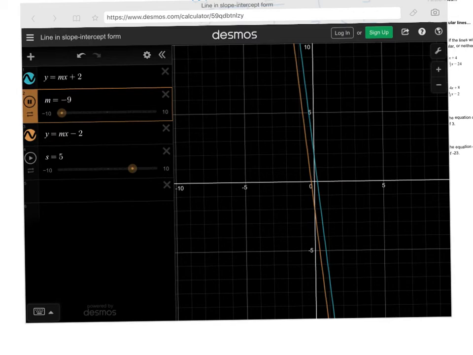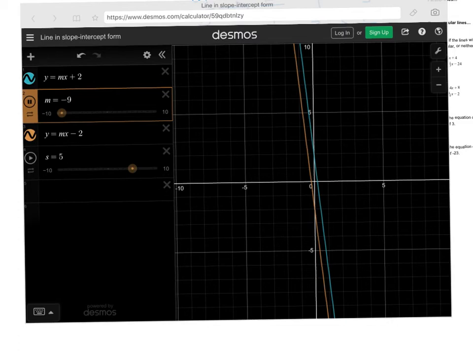And actually, as long as we have opposite reciprocals, these lines will always be perpendicular to each other. Okay? And now you see how, I know you see that the orange line disappears for a second. That's because m equals 0 and 1 over 0 is undefined. But otherwise, they're still perpendicular. Okay?